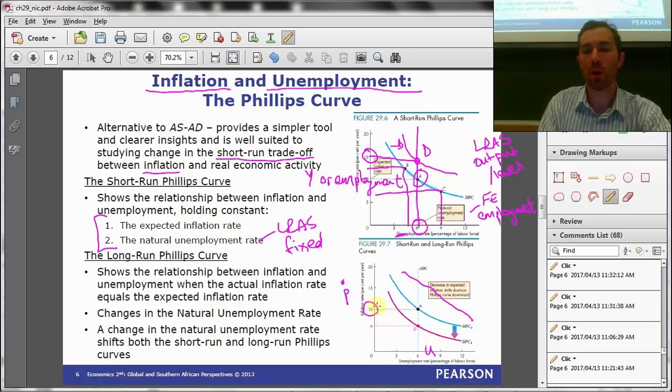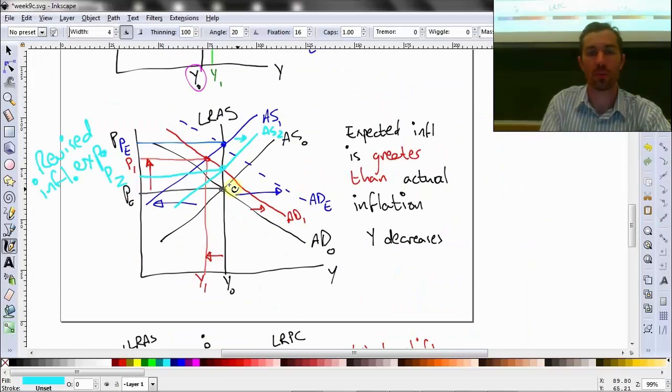When we lower our expectation, because we were at point C, we return to our natural rate. So from point C, once we've lowered our inflation expectations, our entire short-run Phillips curve shifts to the left, returning us to the natural rate of unemployment, returning us to point, so this is our point D.